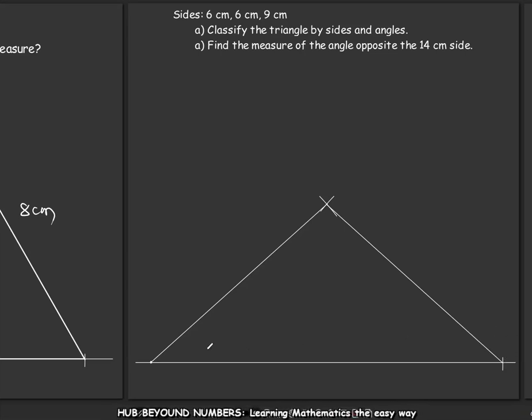Now write down their measurements. So this here was 6 centimeters, and this is also 6 centimeters. Not forgetting that this is 9 centimeters.